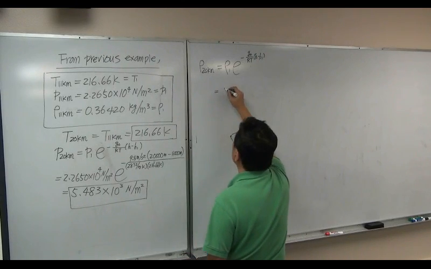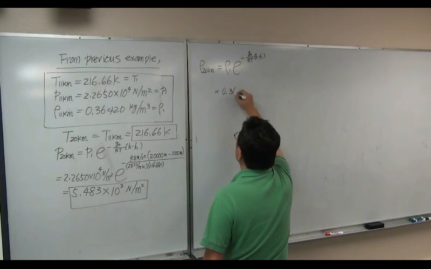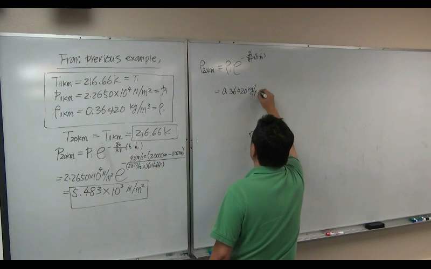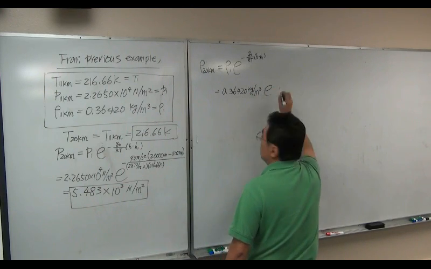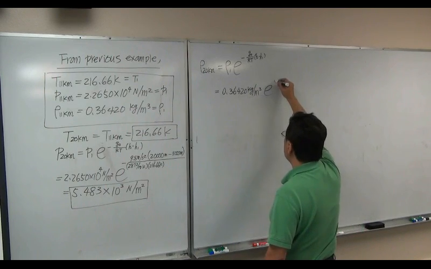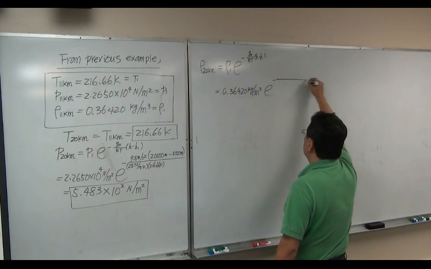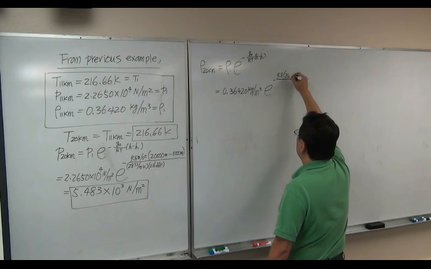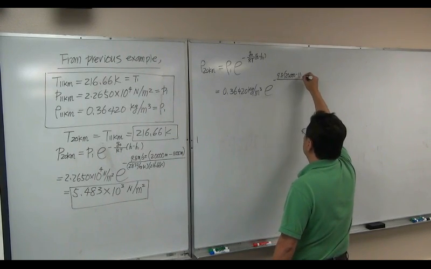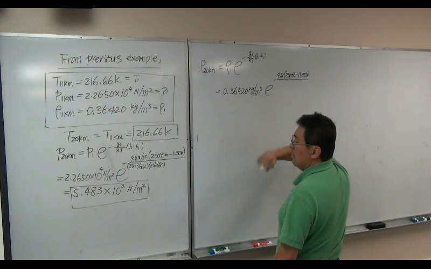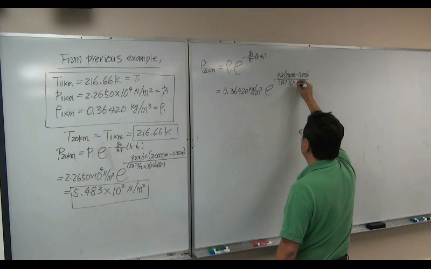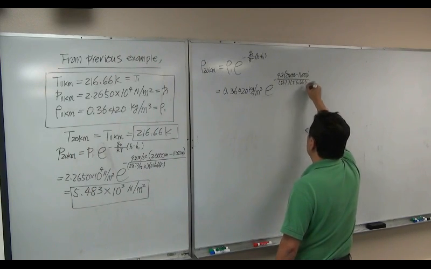So this is 0.36420 kilogram per cubic meter multiplied by exponential of minus the same thing, 9.8 meter per second square, 20,000 minus 11,000 meter, over 287 joule per kilogram K, 216.66 Kelvin.